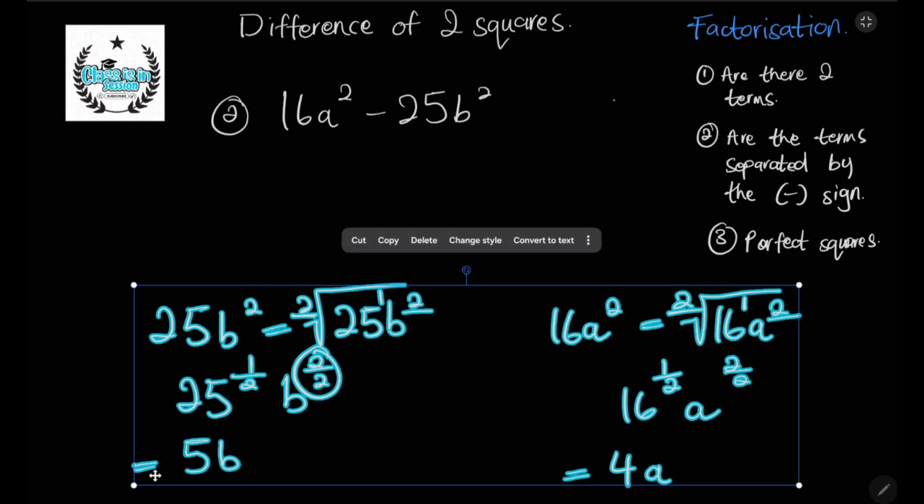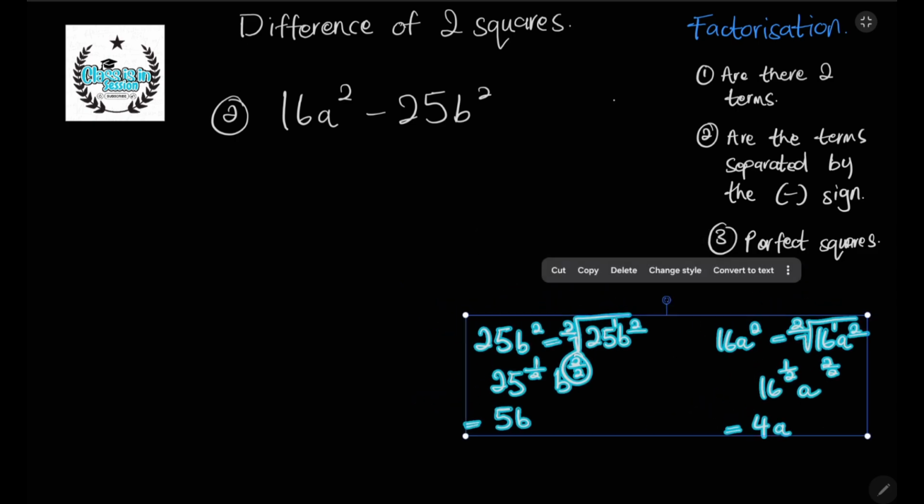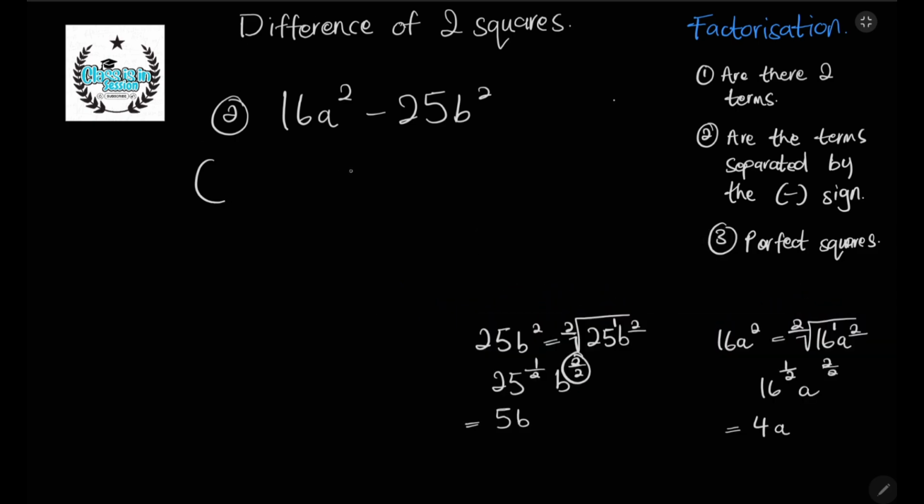How do we solve this again? We should have two brackets. You start with the square root of the first term. 16a squared, we said that it's 4a. We can have a minus sign, right? The square root of the second term, 25b squared, is 5b.